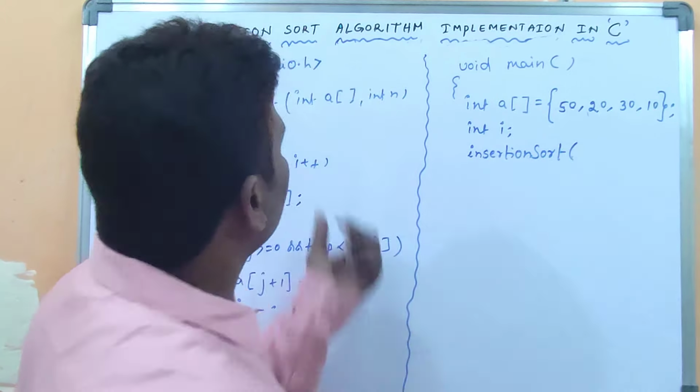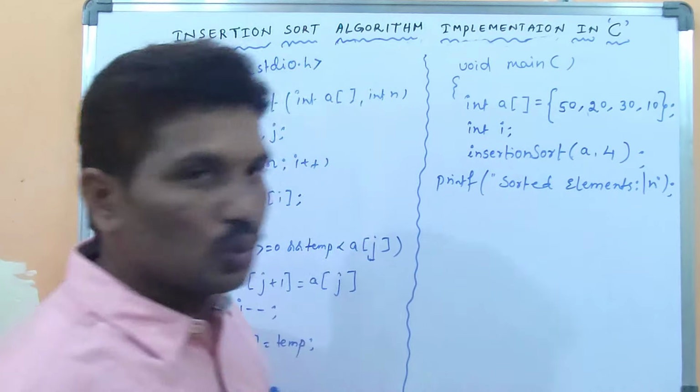Then printf sorted elements, backslash n for printing on a new line.